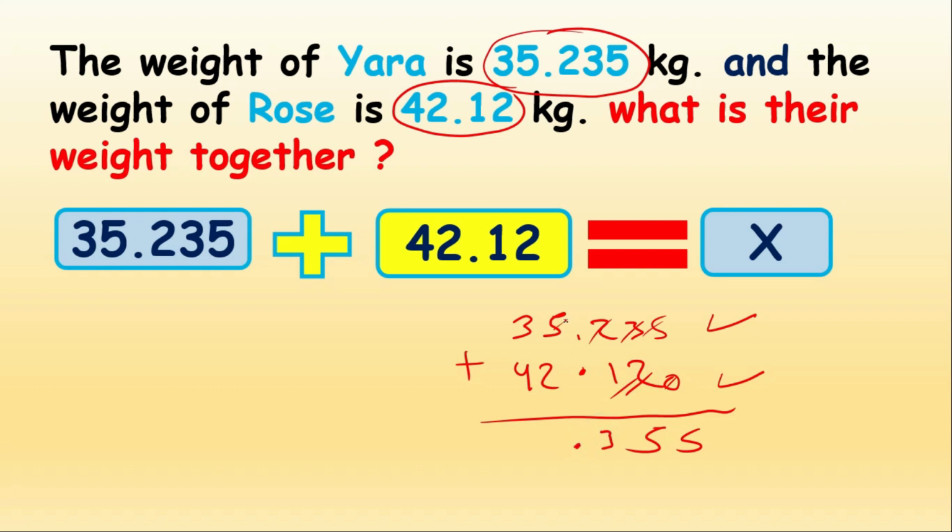Decimal point. 5 plus 2, 7. 3 plus 4, 7. So the total weight together equals 77.355 kilograms. Got it? So we have finished our lesson today. I hope you've got it.